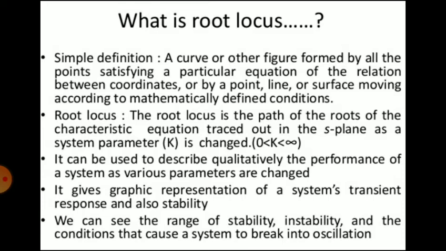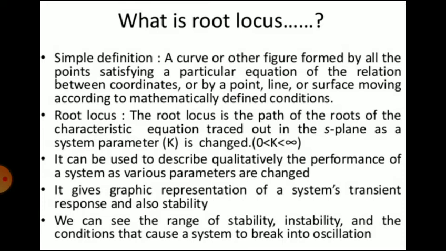When k is varied from 0 to plus infinity, the plot is called the direct root locus, while when k is varied from minus infinity to 0, the plot obtained is called the inverse root locus. Generally, the variation in gain k is assumed to be 0 to plus infinity and the plot is called the root locus.